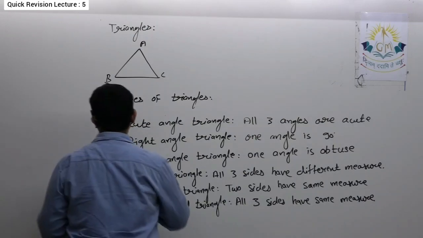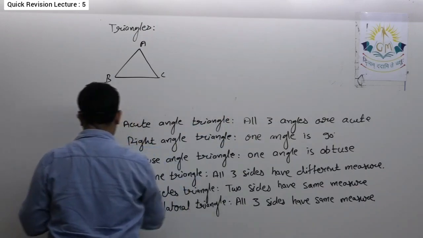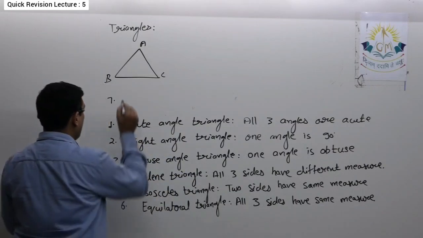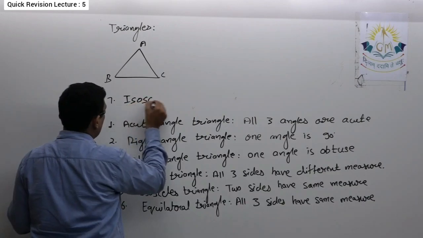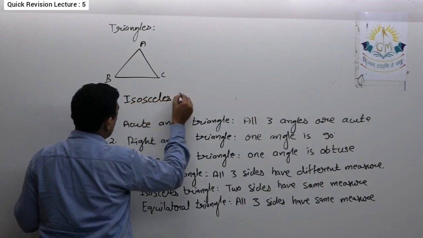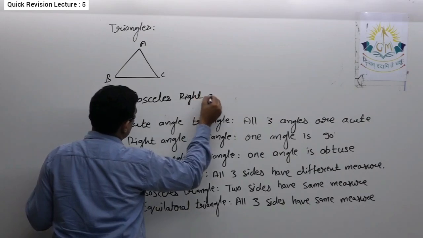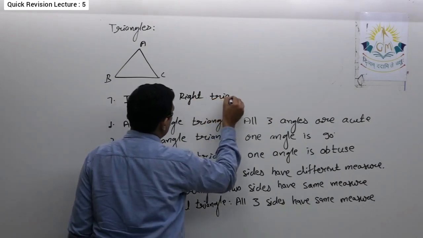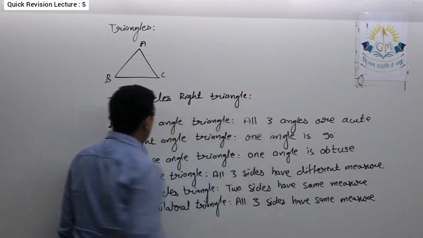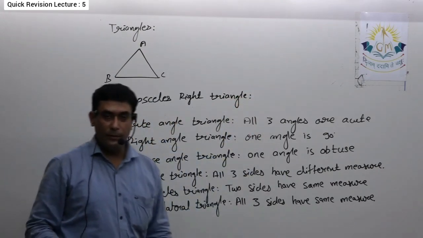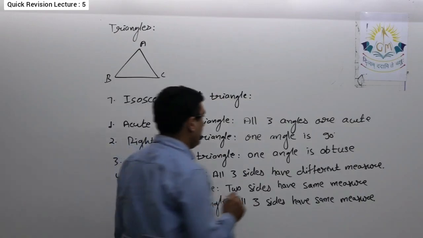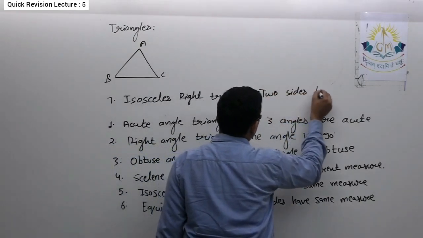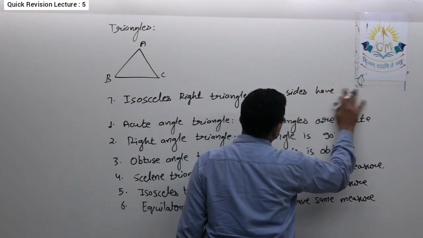Now one more, we'll say the seventh one, the isosceles right triangle. That is, two sides have the same measurement and one angle is 90 degrees.